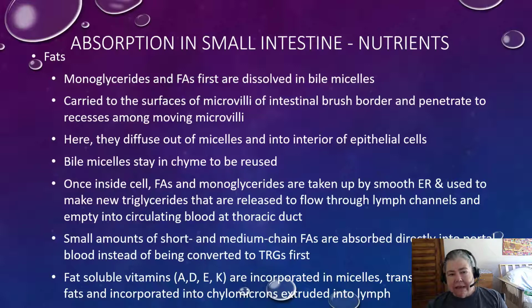The micelles stay in the chyme, but the fatty acids and monoglycerides are processed in the enterocytes that create triglycerides that are released into the lymph channels, the lacteals that are inside the villi, and that join with lymphatic vessels that empty into the thoracic duct. There are small amounts of short and medium chain fatty acids that are absorbed directly into the portal blood.